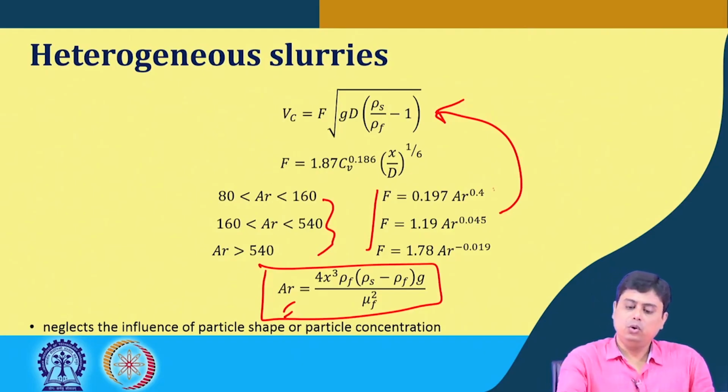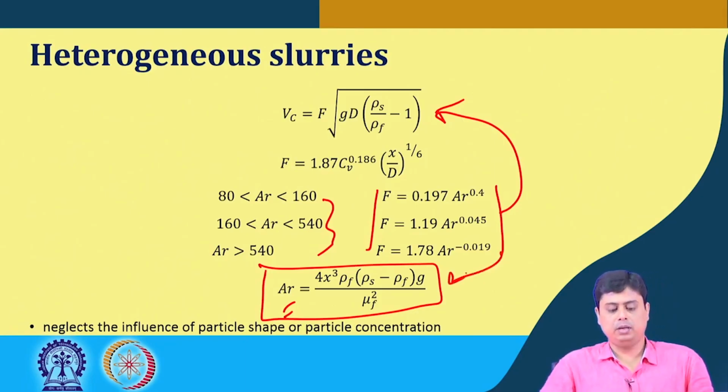But if we look into this expression, or in fact the expression of Archimedes number, it doesn't account for the particle shape or the particle orientation in the slurry. So, that means all these correlations have their limitations, and you have to choose your appropriate correlations based on your working condition, and whichever range or whichever correlation fits you better.